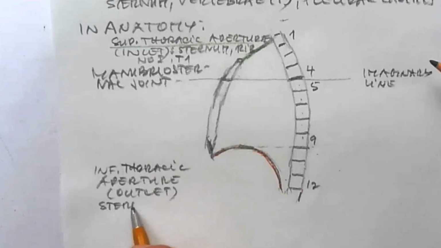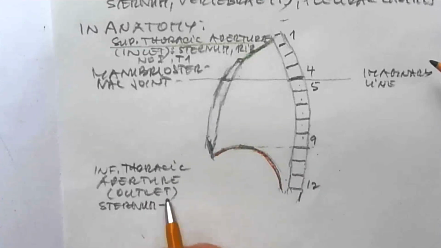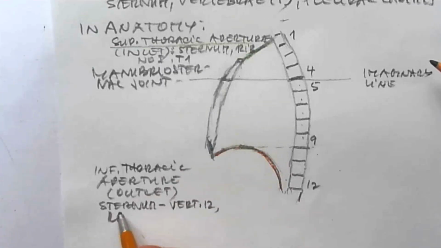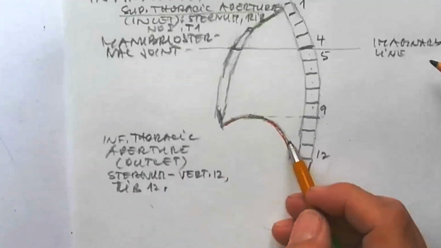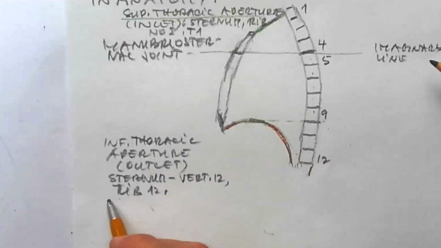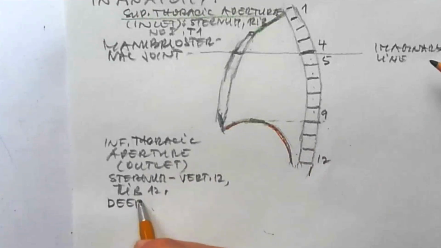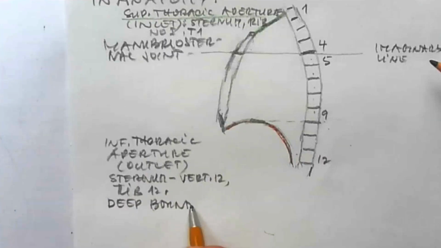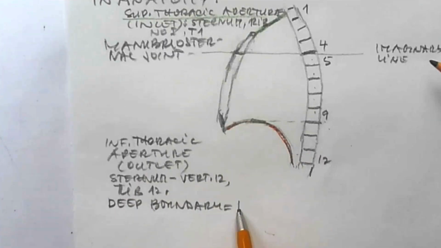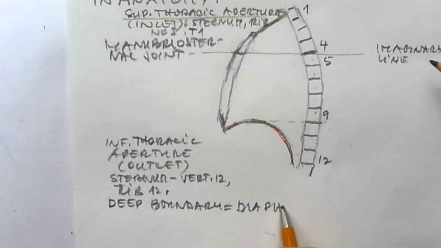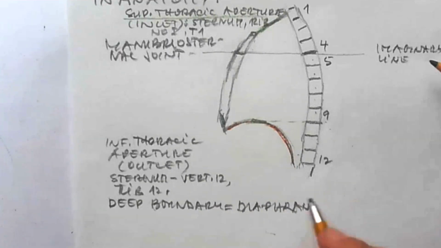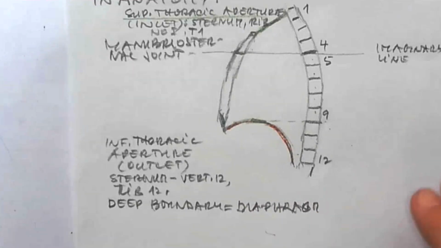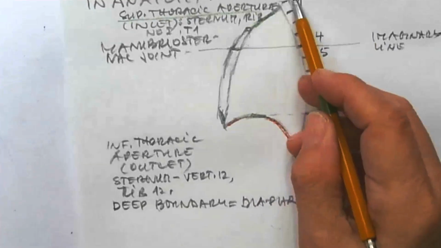Again, I will just put sternum, then vertebra 12, rib 12, but internally, deep, I would say the deep boundary is the diaphragm. Okay, diaphragm. So this is quite clear. We know the boundaries, and then the mediastinum.